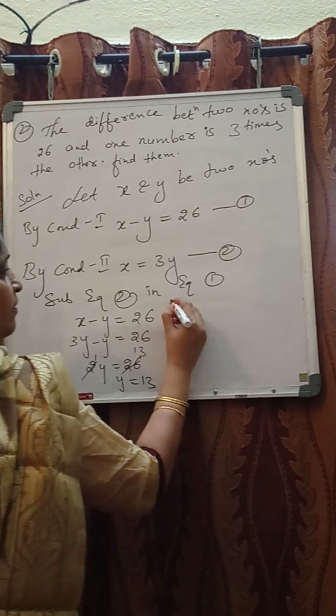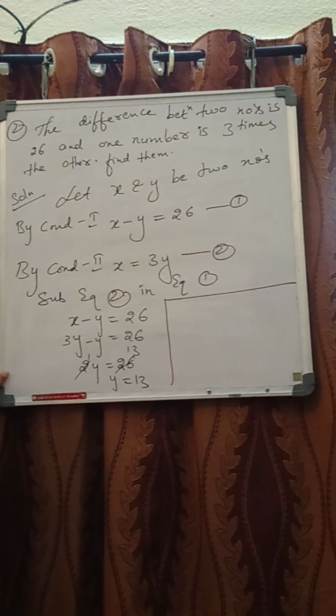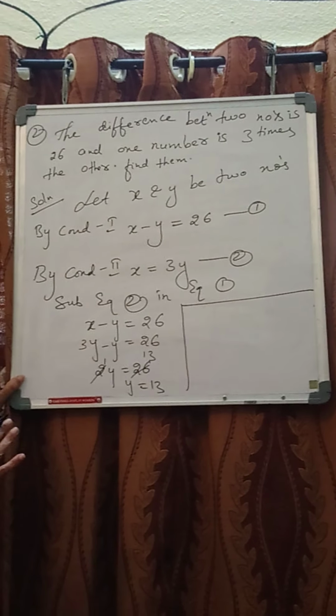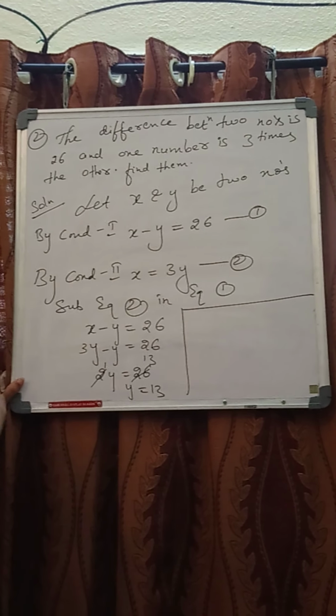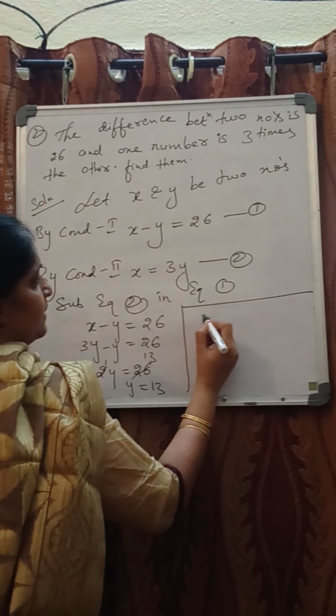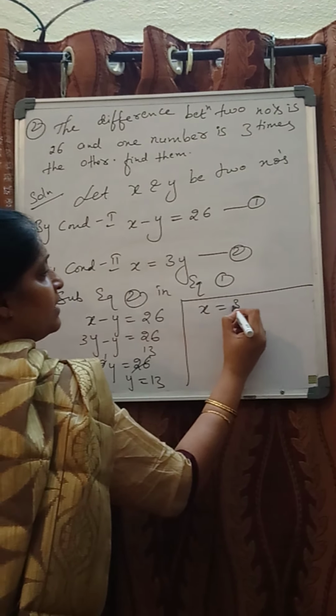So we got y equal to 13, children. What is y? Y is the second number. The first number is what? X. X and y are the two numbers from the given problem, children. So we have to find x. But from equation 2 what do we have? X equal to 3y we have, children. So x is equal to 3 into 13, that is nothing but 39.